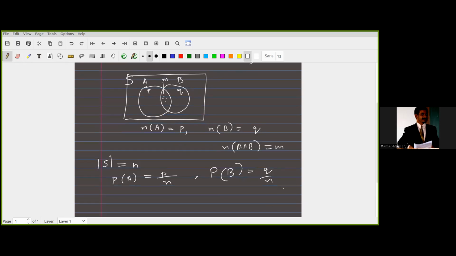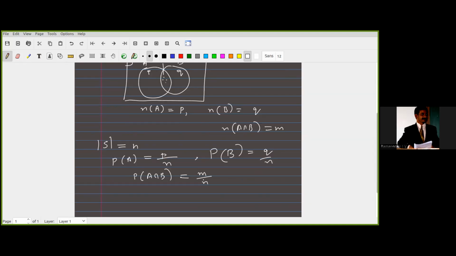And P of A intersection B is M divided by N. So, what is A union B?